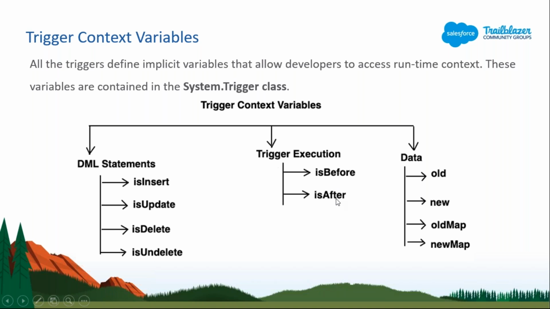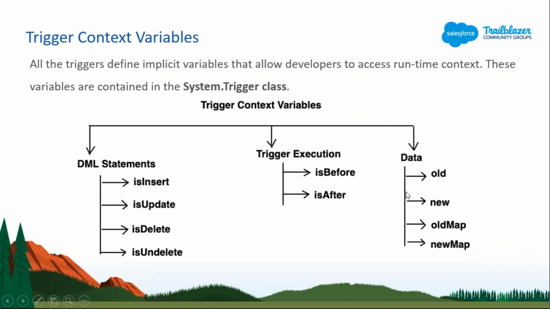So before or after, whatever we have given, we can access these four types of data, but there are some things we should keep in mind. There are some context variables which are not available for before, and some which are not available for undelete.